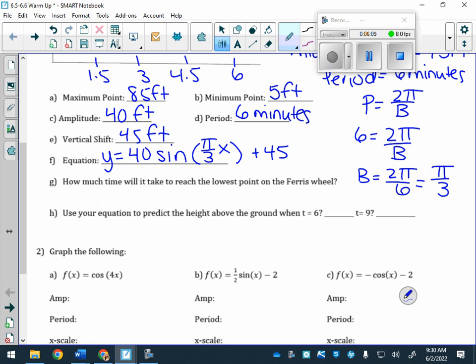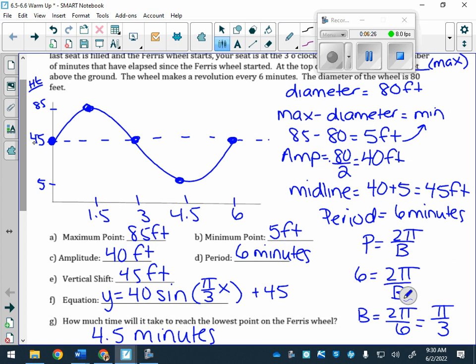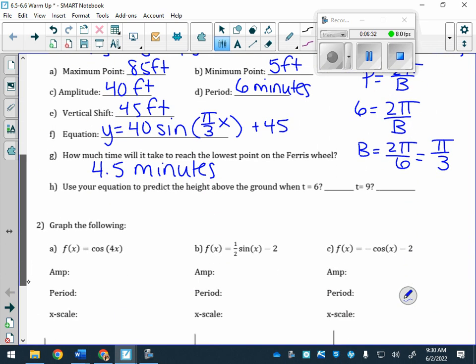Radians. Good. Okay. How much time will it take to reach the lowest point of the Ferris wheel? 4.5 minutes. Okay. So from the midline to the lowest point is 4.5 minutes. Okay. And that's your minimum.